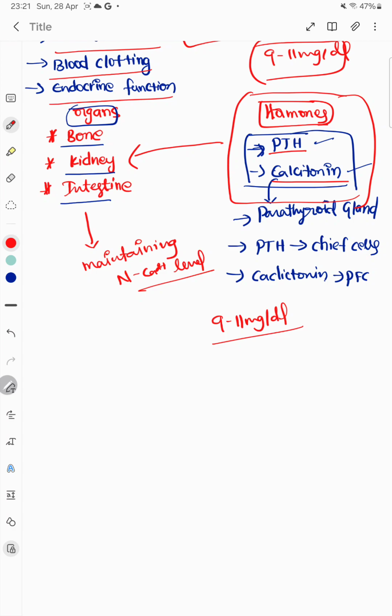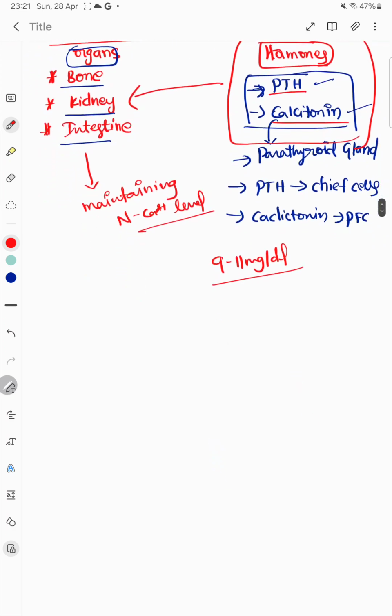So this is normal. For example, if the patient is diagnosed with hypocalcemia, hypocalcemia means almost below 9. For example, let me consider 6 mg per dl. So if the patient has 6 mg per dl of calcium, which means obviously, as I told already, low calcium level. This is a low calcium indicator, which means hypocalcemia. So the patient is in hypocalcemic state.